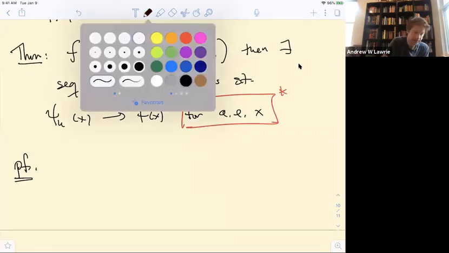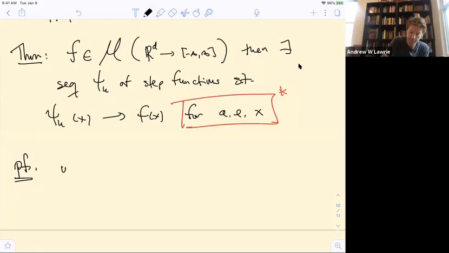The proof is just to use the previous theorem and our characterization of measurable sets.